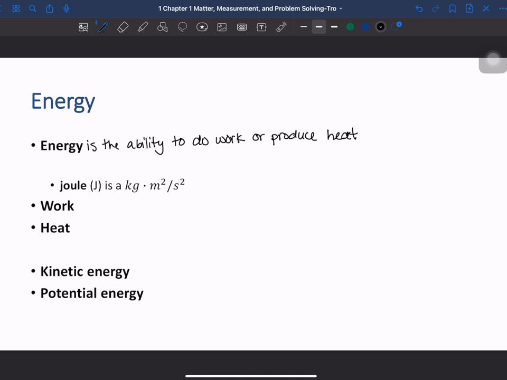And the most common unit of energy is probably the joule, and it is kilograms times meters squared over second squared. Work is a force acting over a distance.